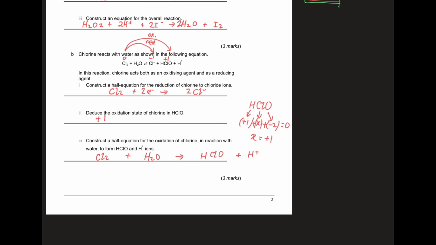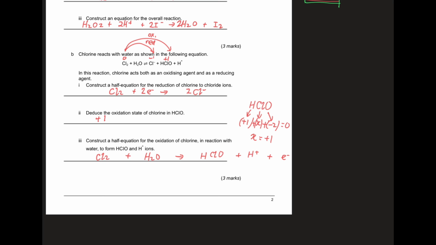You see that they purposely don't tell you where you should put the electron. So you have to know that for oxidation, electron on the right.